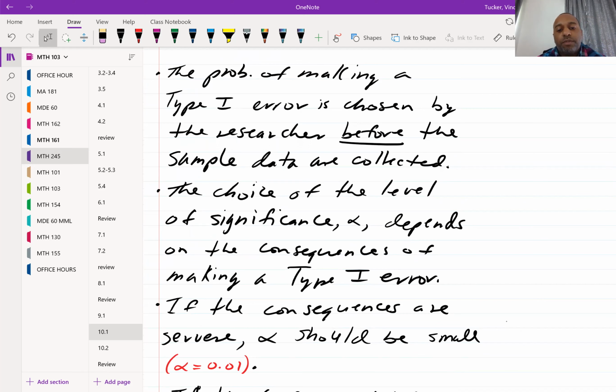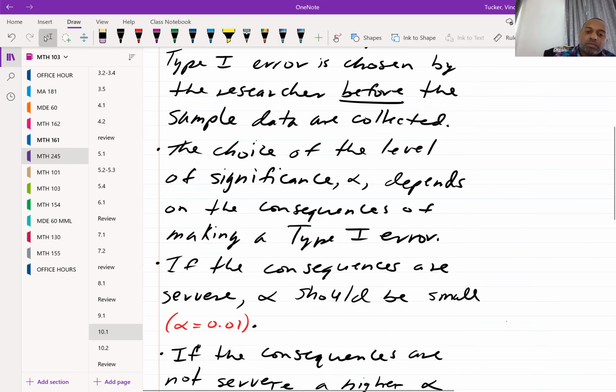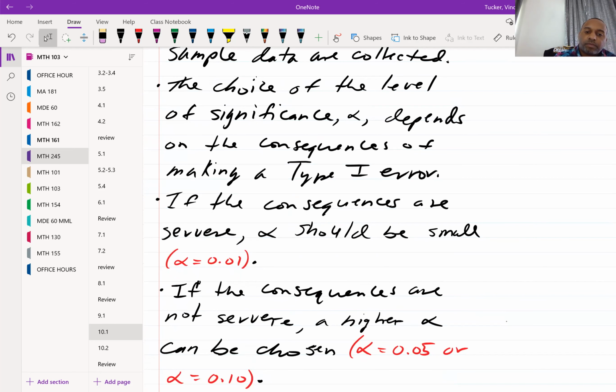If the consequences are severe, alpha should be small. If the consequences are not severe, a higher alpha can be chosen.